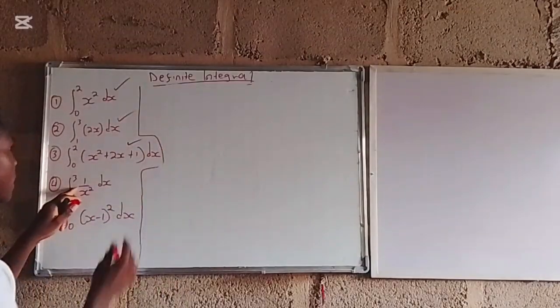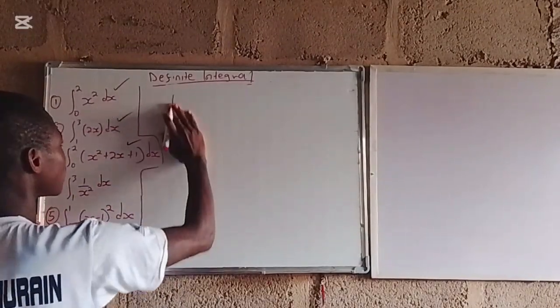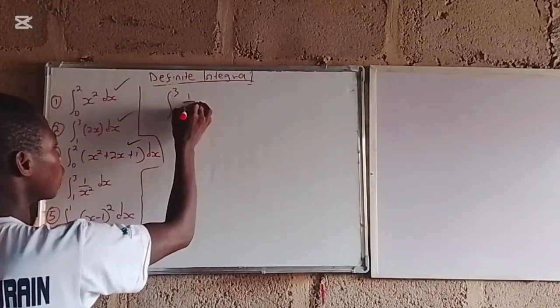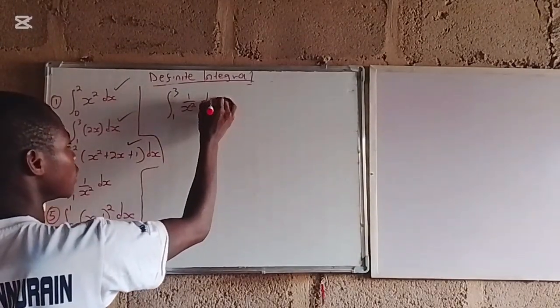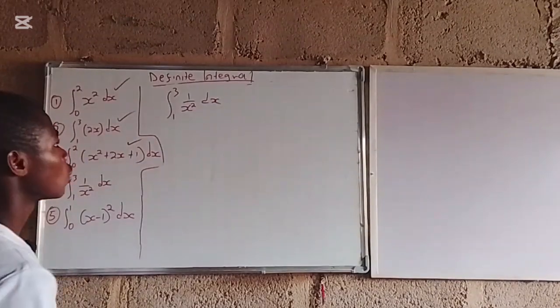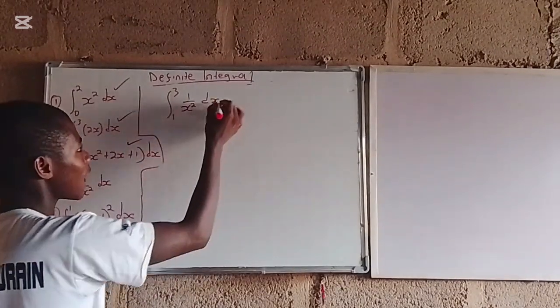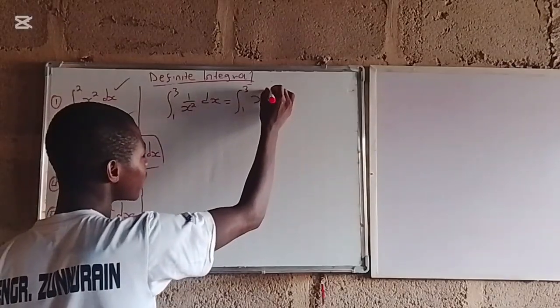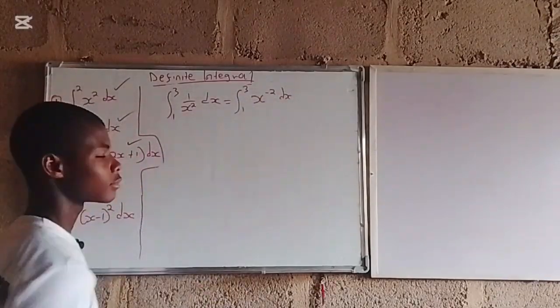The next question is that we have the integral from 3 to 1 of 1 over x squared dx. I have to integrate it, but I can rewrite this, from 3 to 1, as x to the negative 2 dx.